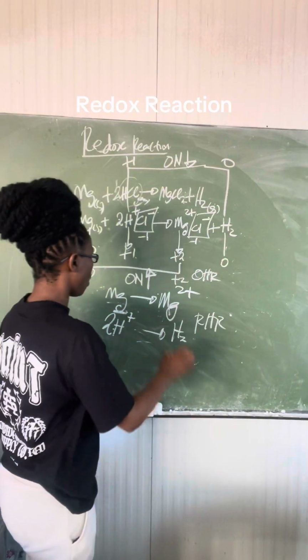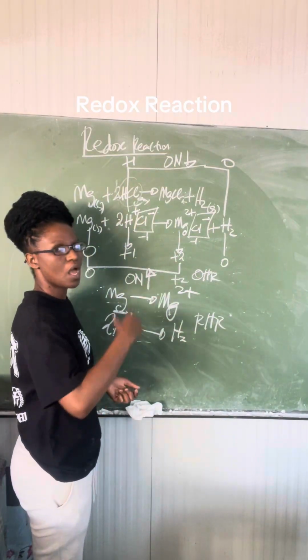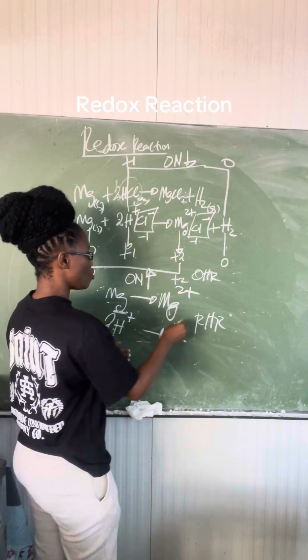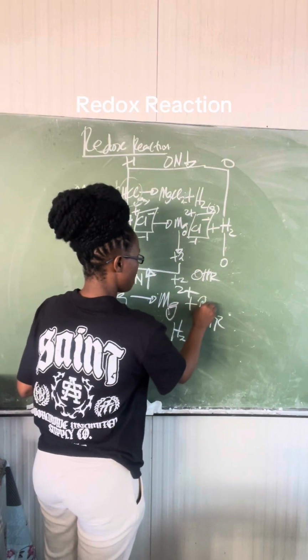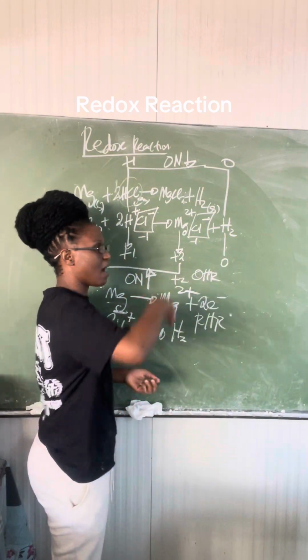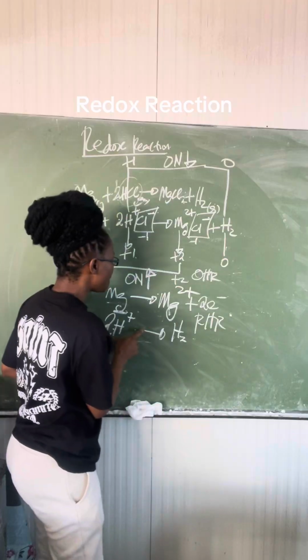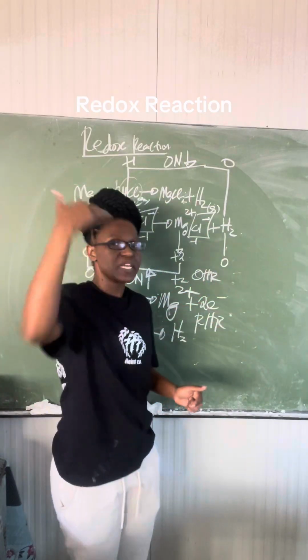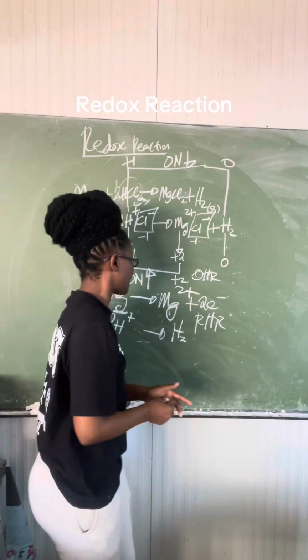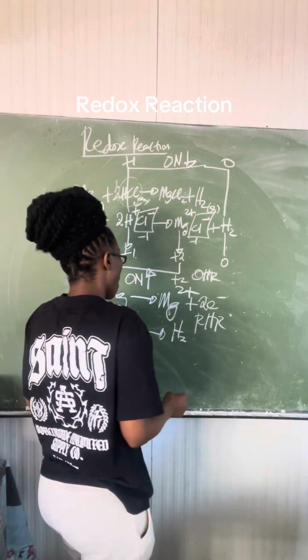So we can all see that this magnesium has lost how many electrons? 2 electrons. If you are to indicate the number of electrons lost by the species or the element, they are written on your what? On your right hand side. Now, if you want to indicate the number of electrons gained by the H plus, they are always written on your left hand side.